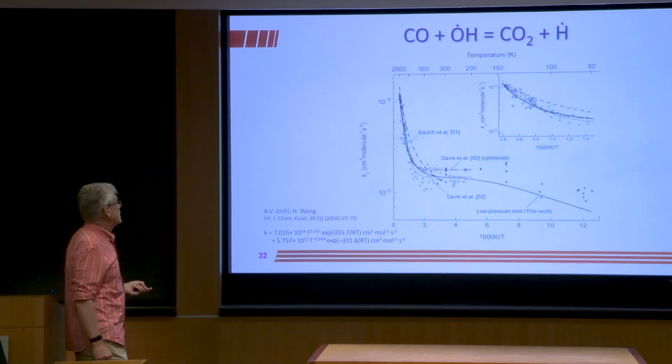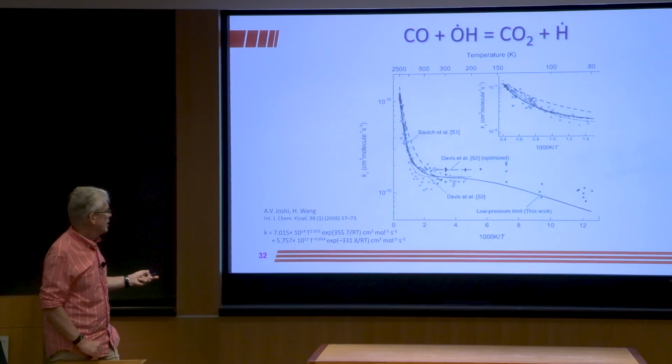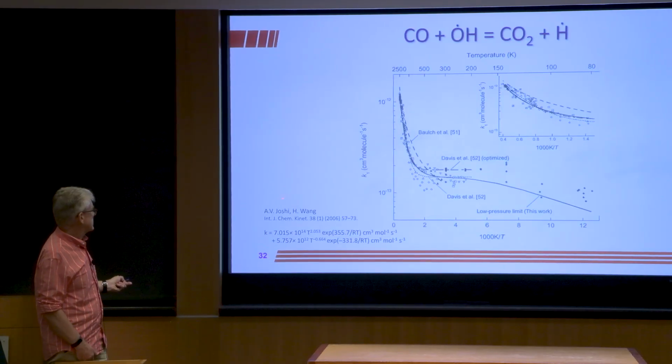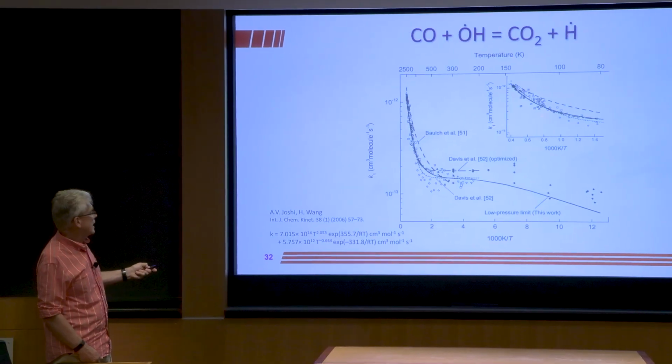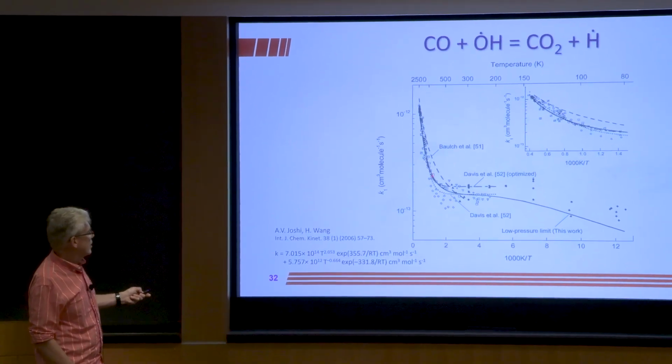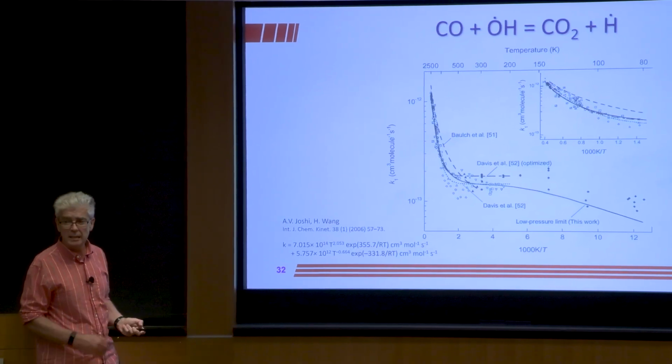Then if we look at CO plus OH giving CO2 plus H, we use a fit from Hai Wang and Joshi, published in 2006, and you can see there's a low temperature end and a high temperature end. The rate constant varies from here up through here. And this is just a close-up of the curved part where there's quite a bit of data.